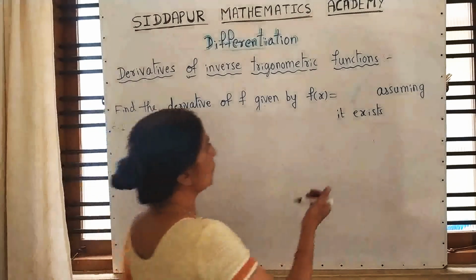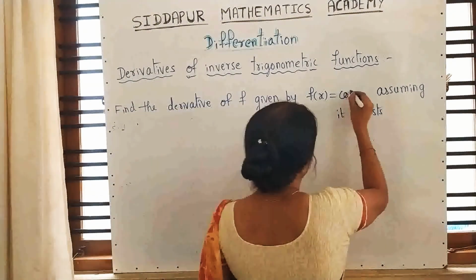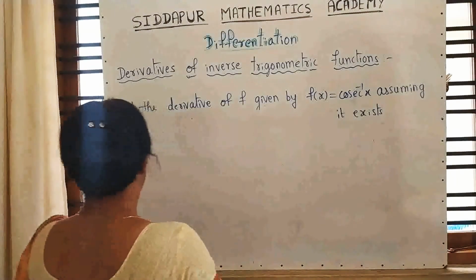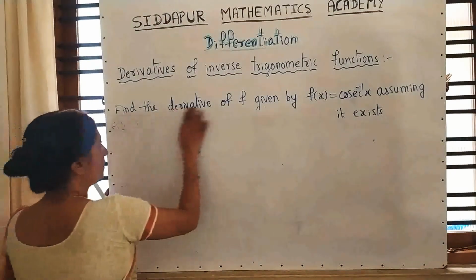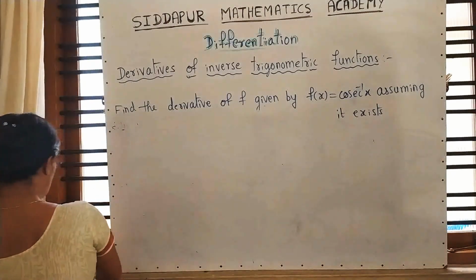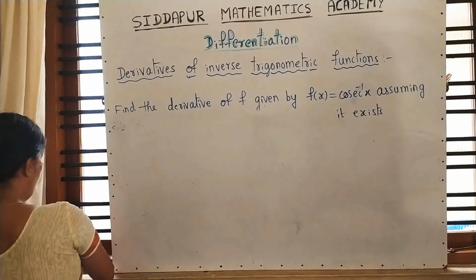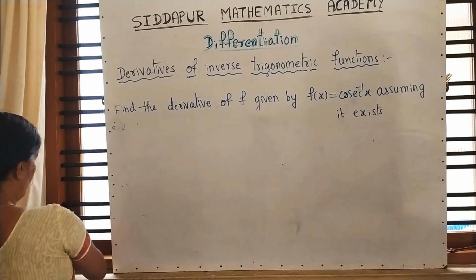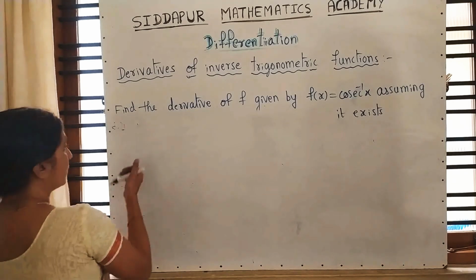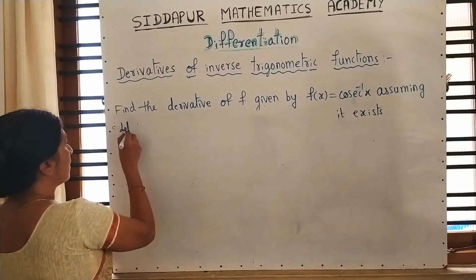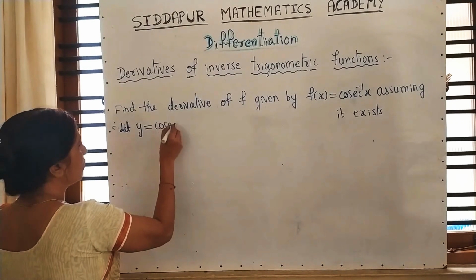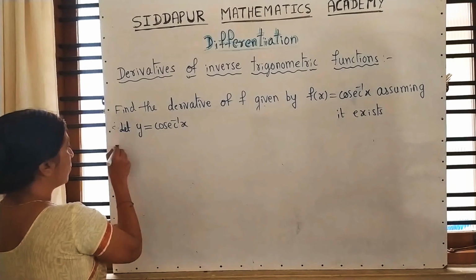Find the derivative of cosec inverse x. Here, let y is equal to cosec inverse x.